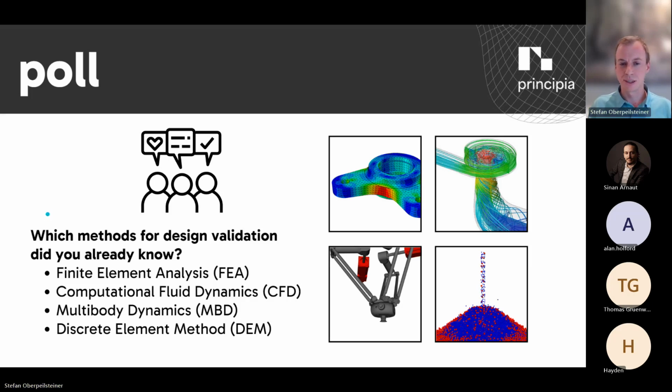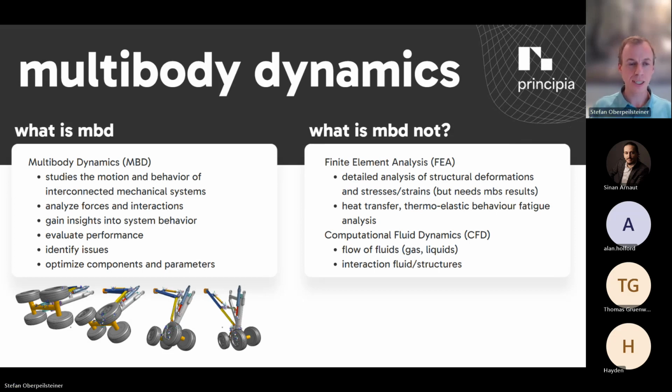Good. Now, let's come to more details about multibody dynamics. So what it is, basically, it is all about studying the motion and the behavior of those interconnected mechanical systems. So here I say the motion, it can also be used for analyzing static behavior.